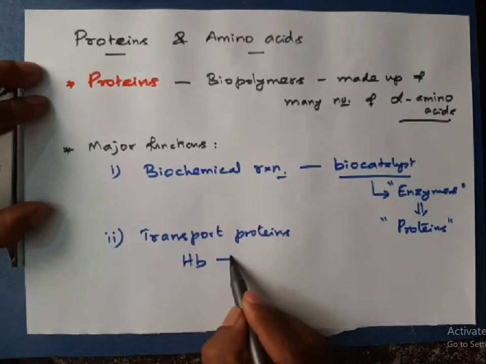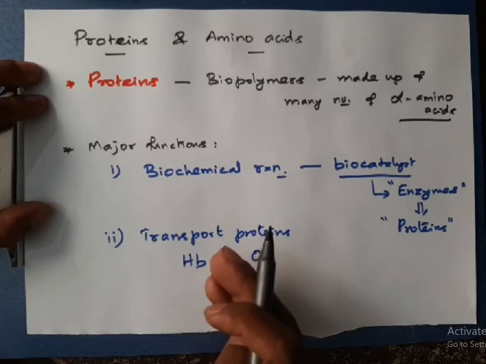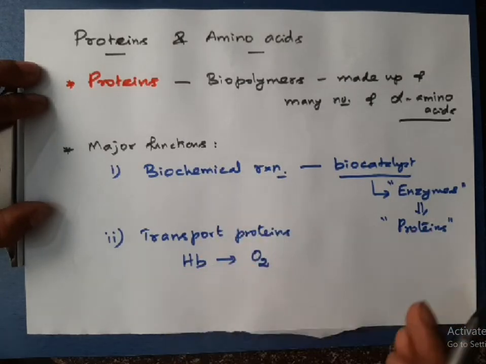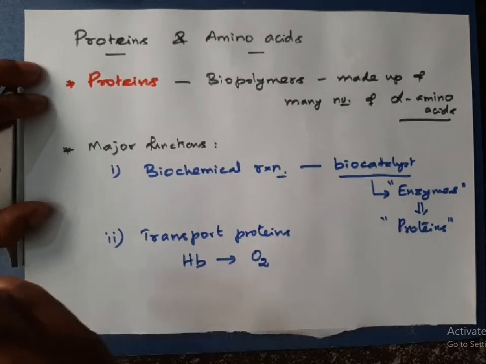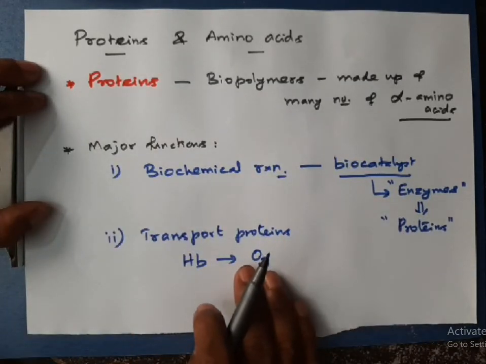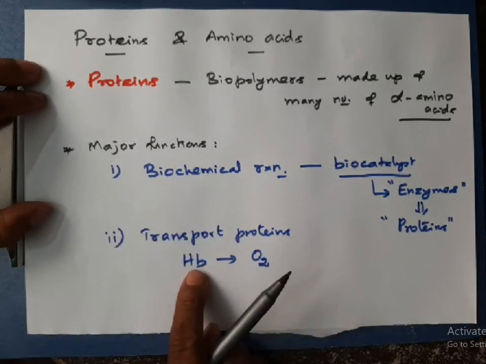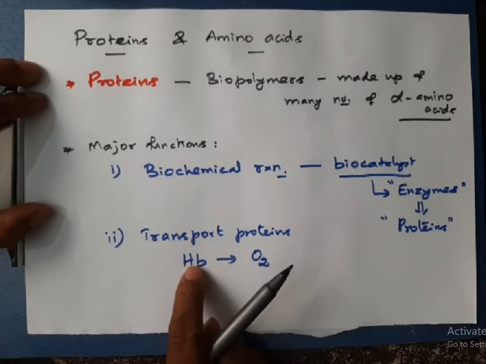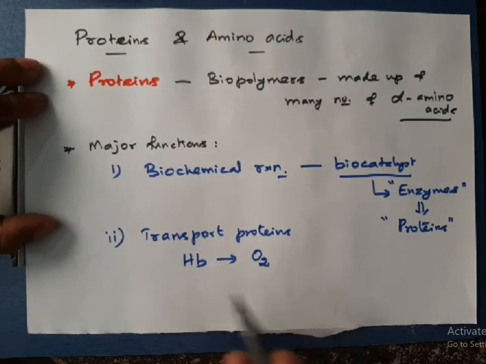Hemoglobin transports oxygen molecules from the lungs to the cells present in the body. So to all the tissues and cells, oxygen is supplied, or transported, by certain proteins called hemoglobins. So proteins serve as transporters. They not only transport oxygen, they transport carbon dioxide also.